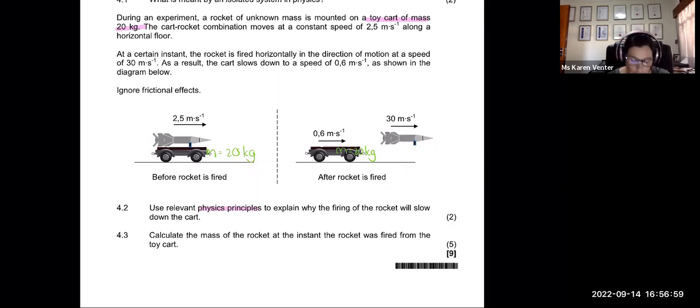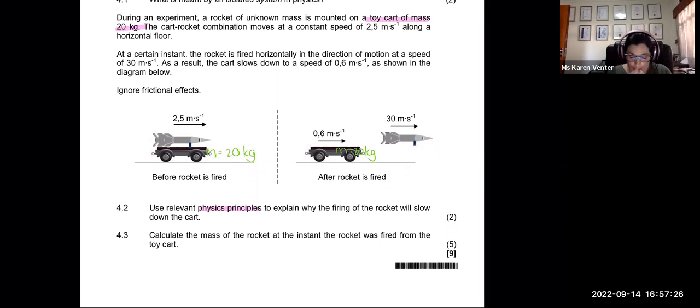That could be one of your reasons. You could perhaps also refer to the momentum. You could say that the total momentum is conserved, or the total momentum remains constant, but the momentum of the rocket increases. Therefore, the momentum of the cart must decrease. That is probably the reason I would go with.